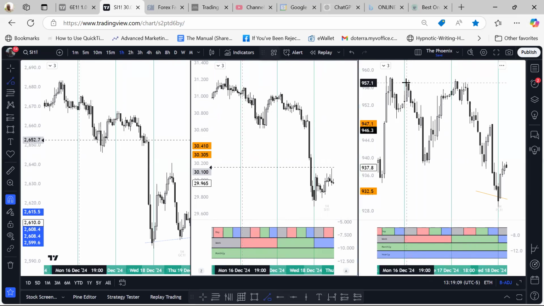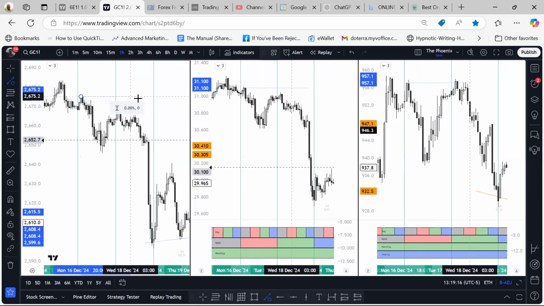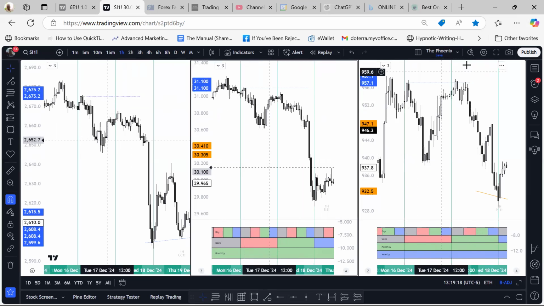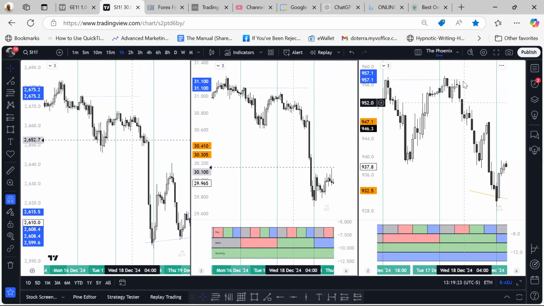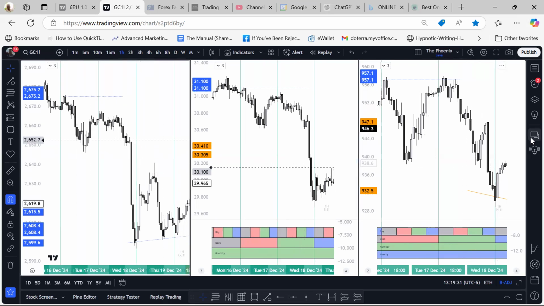Wednesday traded above Tuesday's high, but failed to do so here, and it failed to do so here. So that's our cracking correlation or divergence or SMT. This is in London. London would have given us the first move, and then New York would have continued that move down.